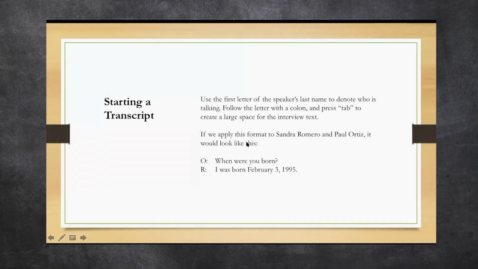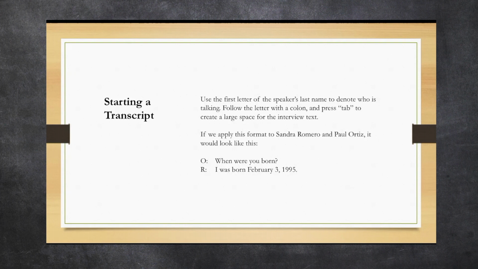From then on, you're going to be listening to the audio of an interviewer, and from here on out it's just listening to it and documenting what you're hearing. When you're first starting a transcript, you want to get the basic initials for the interviewee and interviewer to distinguish who is speaking. In our style guide, we use the first letter of the speaker's last name.